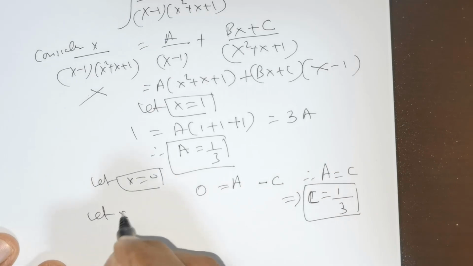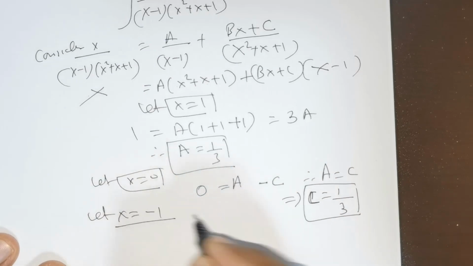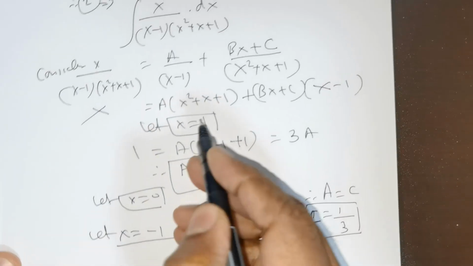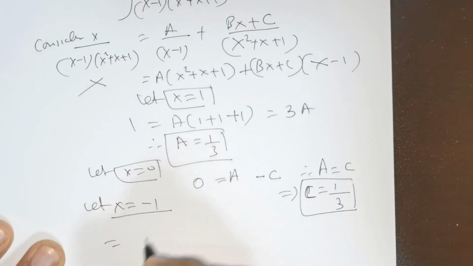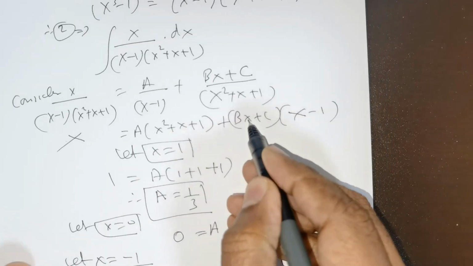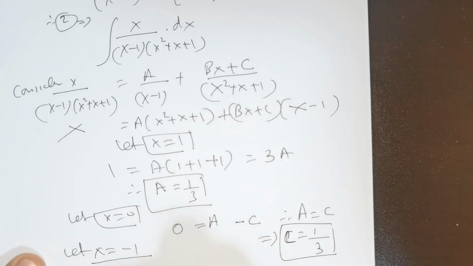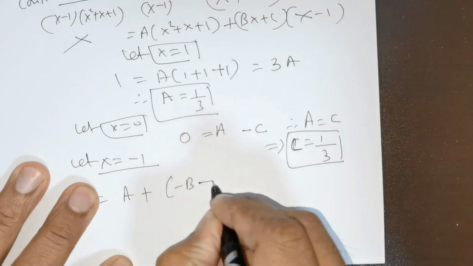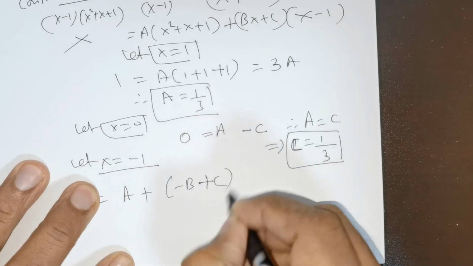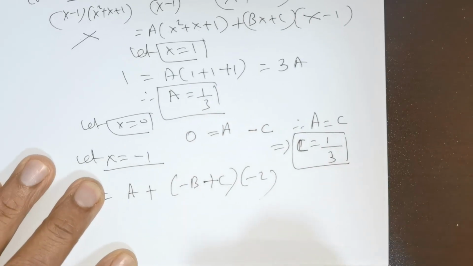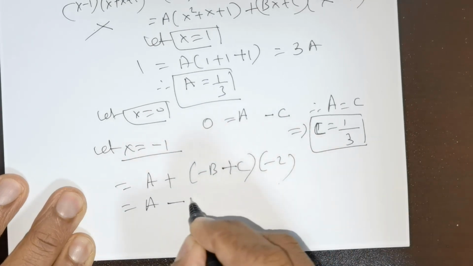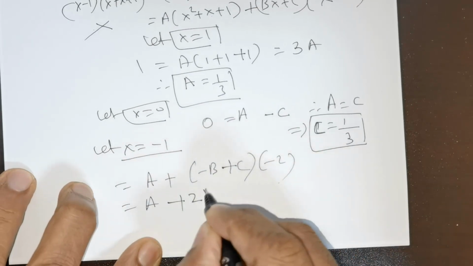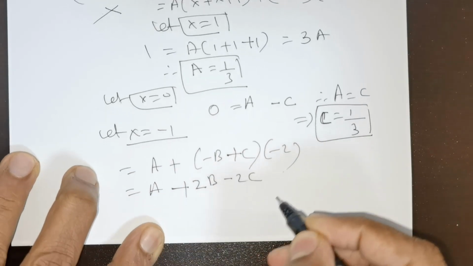Let me choose a random value, say x equal to negative 1. If I substitute x equal to negative 1, I get a positive 1 here, a negative 1 and a positive 1, so I get a here. Then negative b, plus c, times negative 2. So this is equal to a, distribute the 2, you get 2 times b, negative 2 times c.